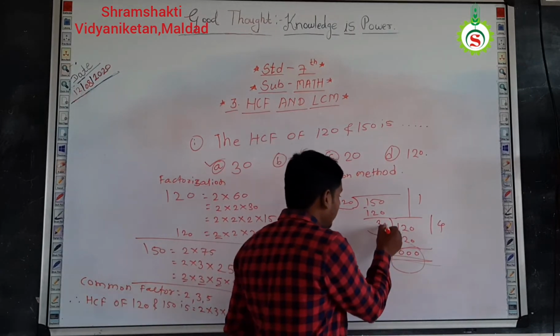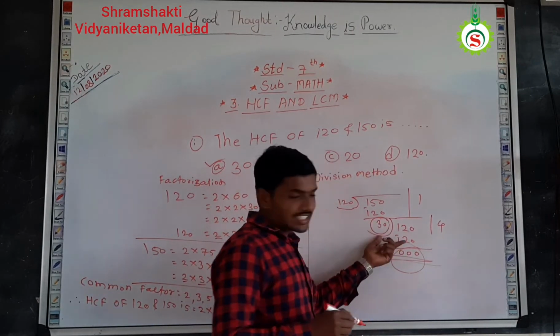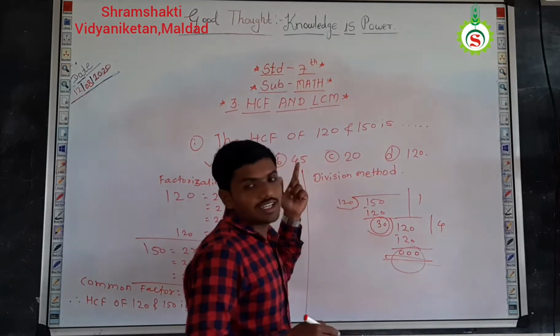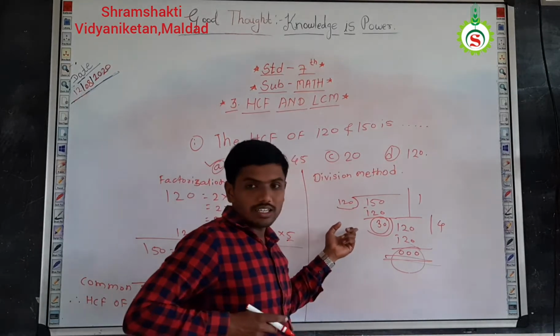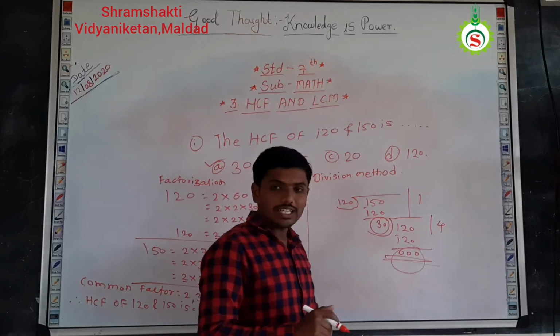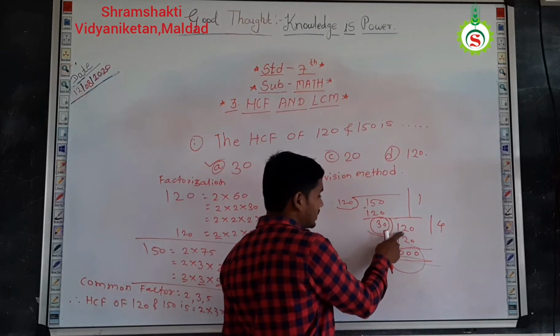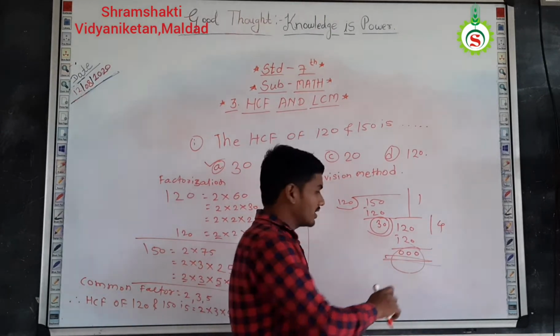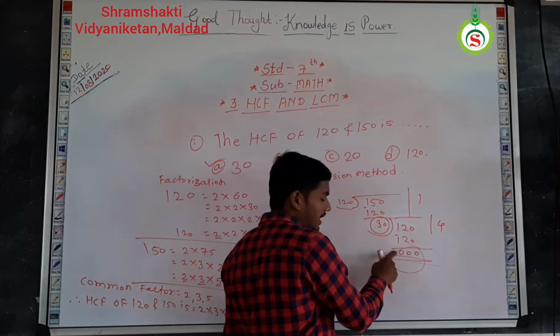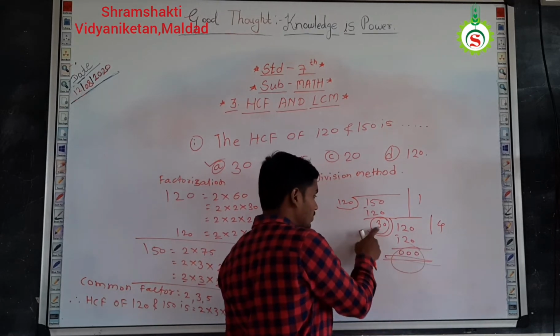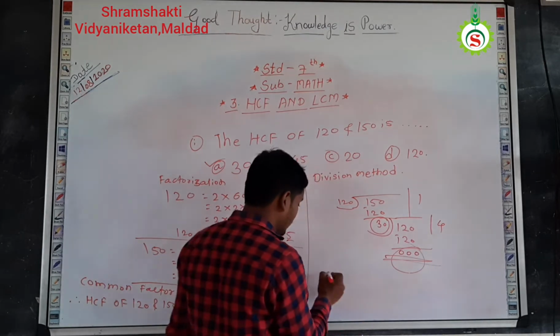Now, the divisor of the last division is called the HCF of the given numbers. So which is the divisor of the last division? This is the last division, 120 divided by 30. The answer is 4, so the remainder is 0. If I get 0, that divisor is called the HCF.